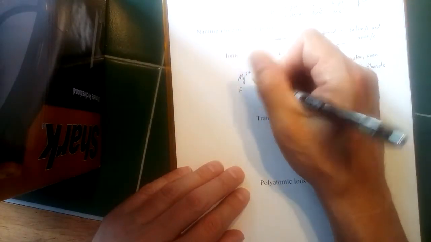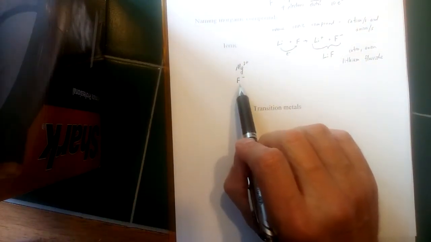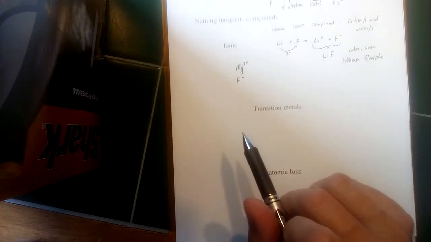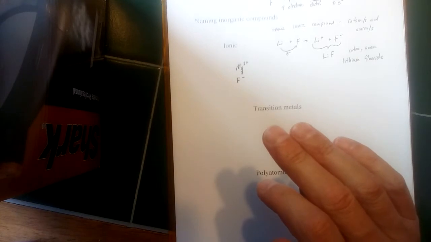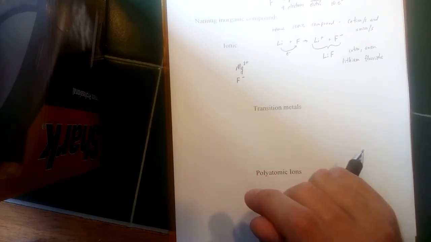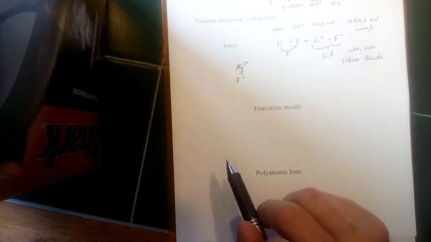So if magnesium needs to become 2+, and fluorine needs to become minus, if we just combine 1 magnesium and 1 fluorine, we will not get a 0 net charge. The correct formula for any ionic compound should always have a 0 net charge, right? But we'd still have 1 extra positive charge if we just had 1 magnesium and 1 fluorine.